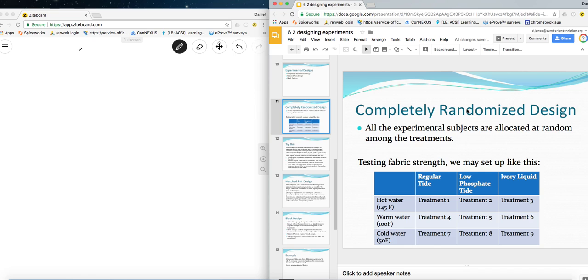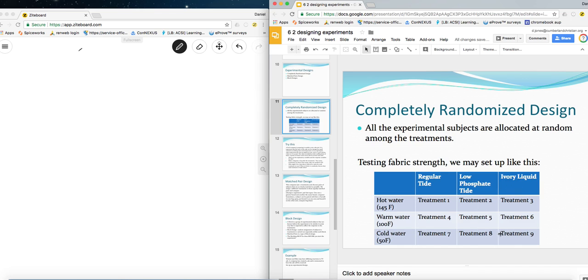different things like that. So what we basically do is we have 9 treatments, because treatment 1 is regular Tide with hot water. Treatment 2 is low phosphate Tide with hot water. Ivory and hot water is treatment 3. And as you can see, there are 9 possible combinations of hot, warm, cold, regular Tide, low phosphate Tide, and Ivory.